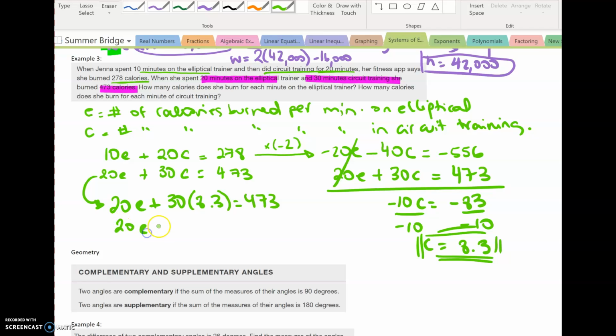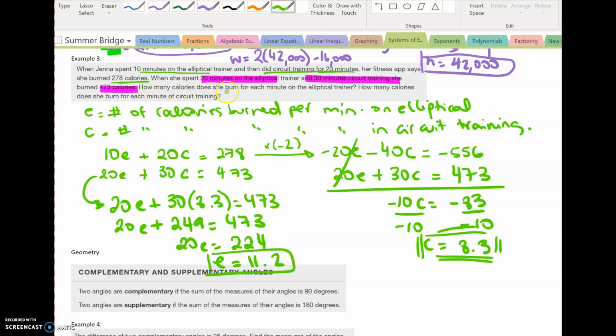So 20E plus 249 is equal to 473. I subtract, so 20E is equal to 224. So the number of calories burned on the elliptical is 11.2.